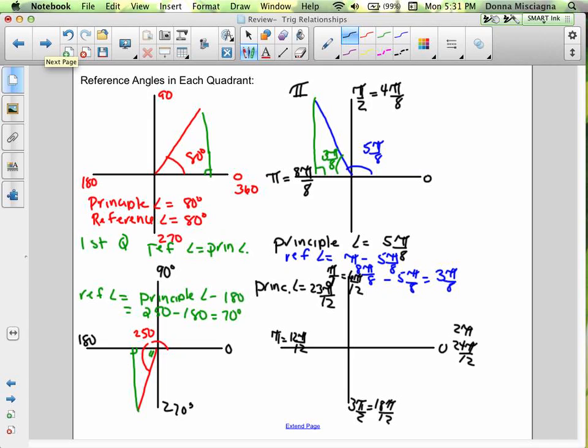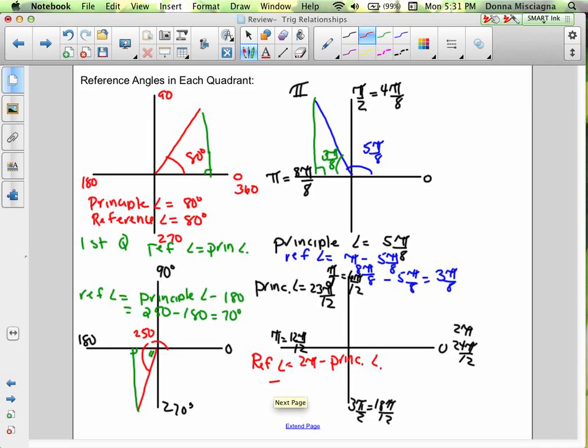To find our reference angle in the fourth quadrant, the reference angle is going to be 360, or in this case, because we're in radians, 2 pi, minus the principal angle.